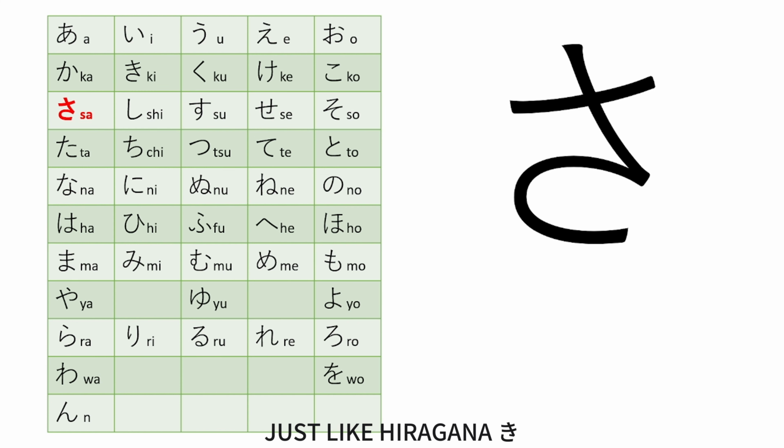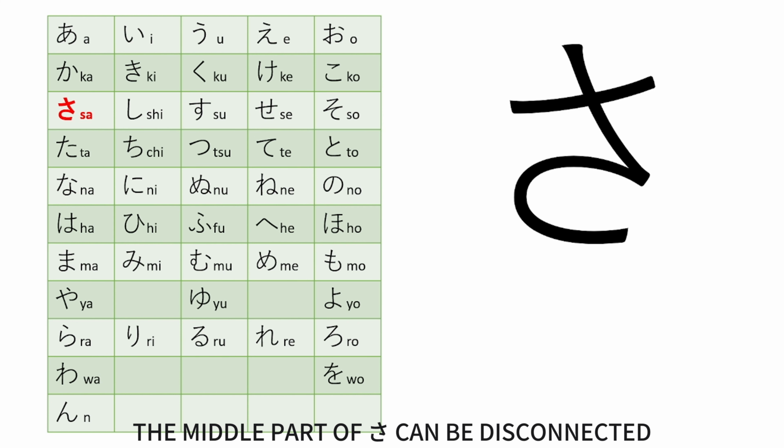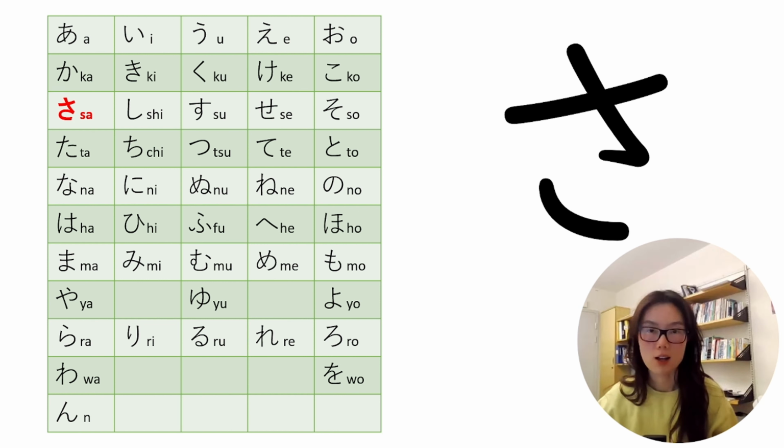Just like the hiragana ki, the middle part of sa can be disconnected. Sa, sa, sa.